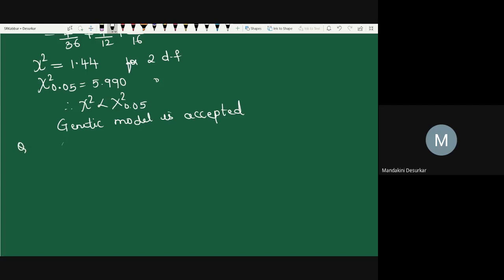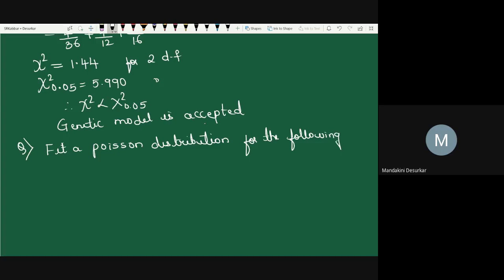We are going for the next example then. Fit a Poisson's distribution for the following data and test the goodness of fit.